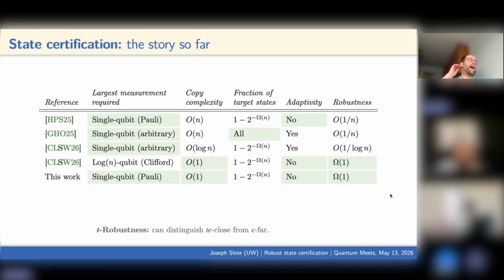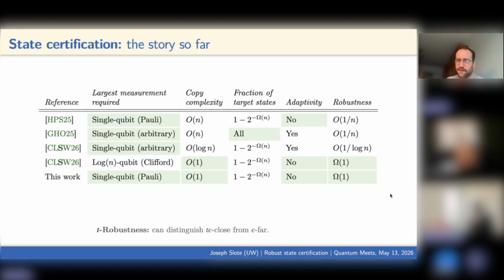Oh yeah. Right. So I'm hiding in this table the confidence and the epsilon. So this robustness, of course, is epsilon versus T times epsilon. I don't remember off the top of my head what the dependence on the confidence delta and accuracy epsilon is in the previous works.